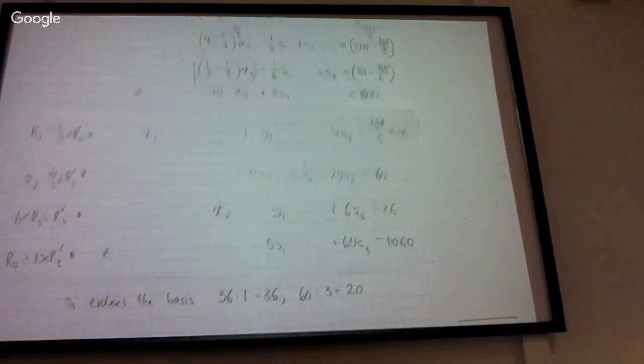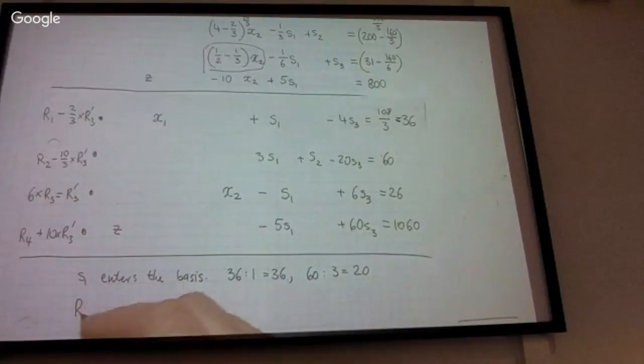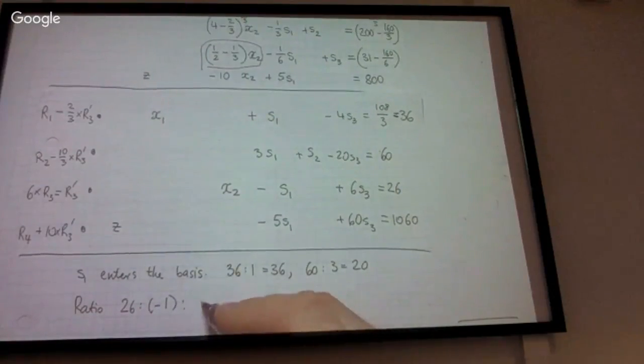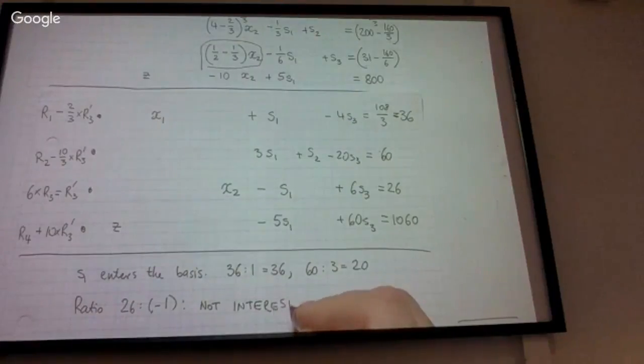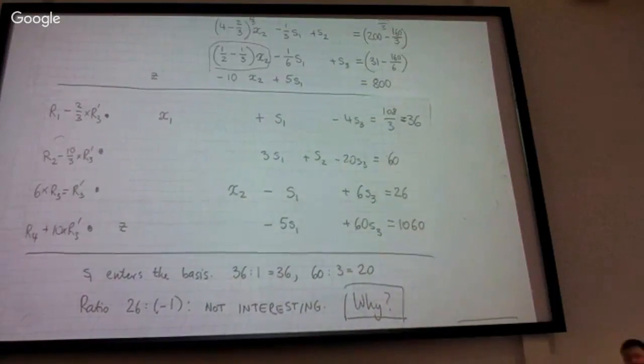Ratio 26 divided by -1, not interesting. Okay, think about why not. So which is the least of the two ratios? 20. So indeed, it's S2 that leaves the basis.